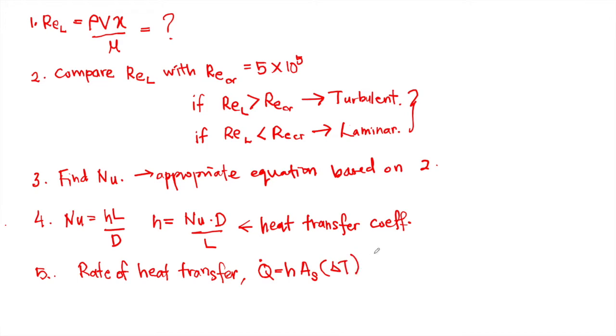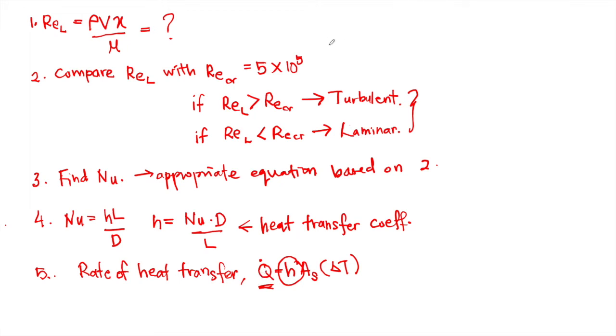Delta T is the temperature gradient, and it is a positive value. So in number 4, the value of the heat transfer coefficient will be substituted into this, and then you will find the value of the rate of heat transfer.